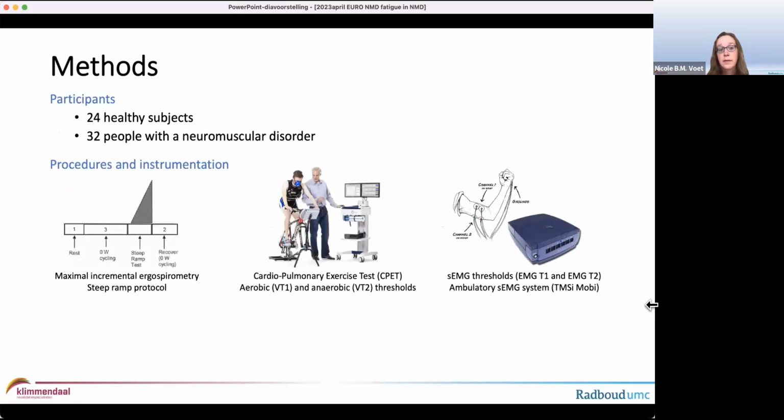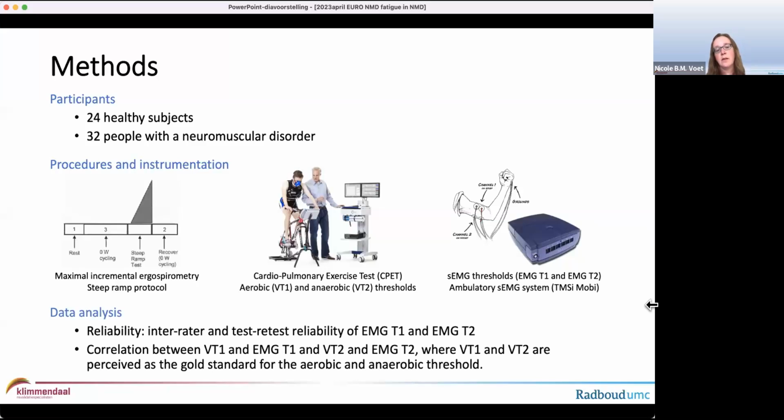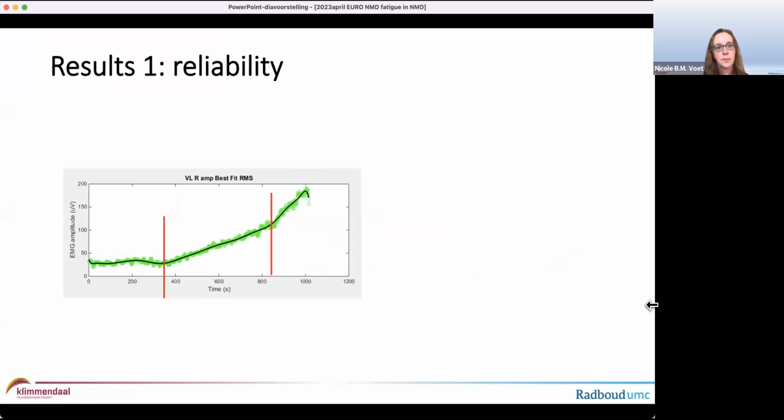They all performed an ergospirometry cycling test, steep ramp protocol, and we measured the ventilatory thresholds, the aerobic and anaerobic threshold, and also the EMG thresholds. And we wanted to take a look at the reliability on the one hand, but also the correlation between the timing of these thresholds in patients compared to healthy subjects.